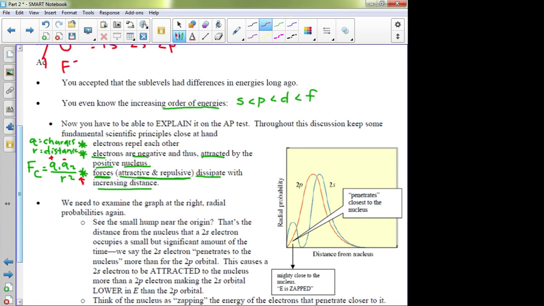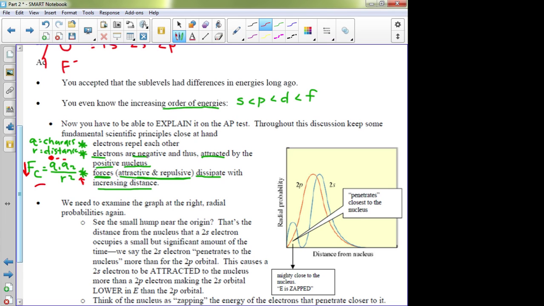So what's going to happen to my attractive force? It's going to go down. Now let's say both of these are negative. Now do I have an attractive force or a repulsive force? Repulsive. And as the distance between those two objects increases, the repulsive force goes down.